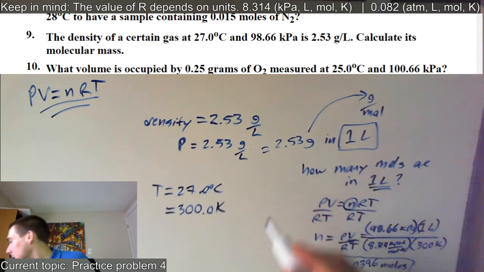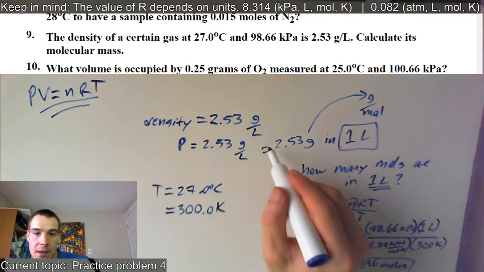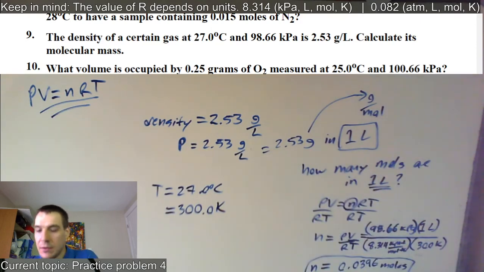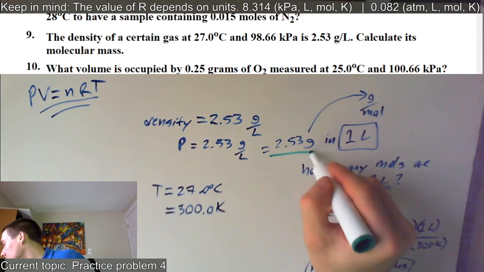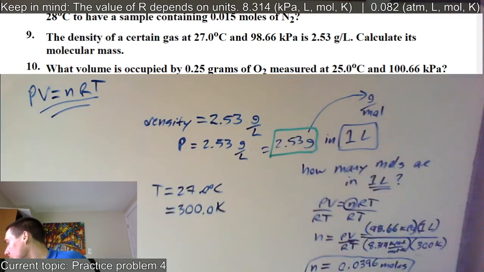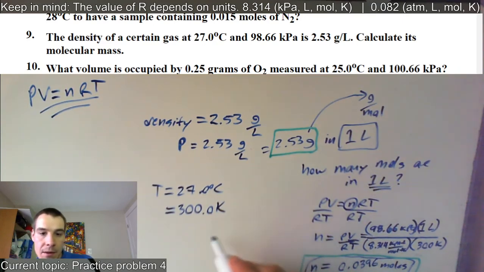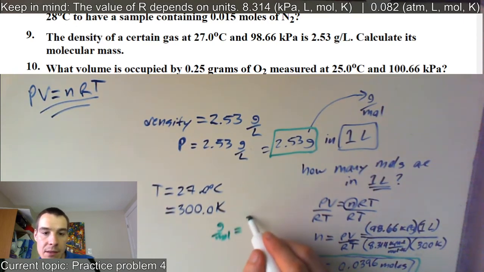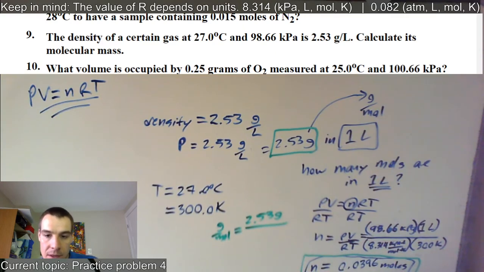So that means if I combine these, I have 2.53 grams and 0.0396 moles. I'm going to put them together. It's grams per mole, the molar mass: 2.53 grams in 0.0396 moles.